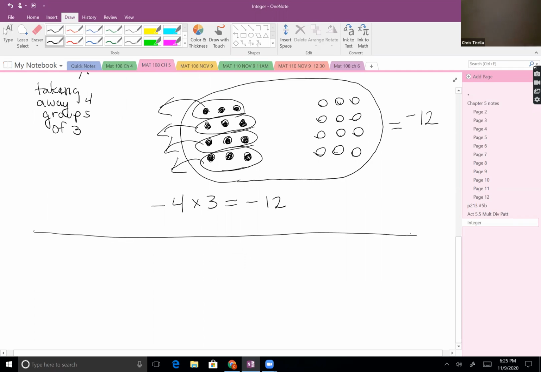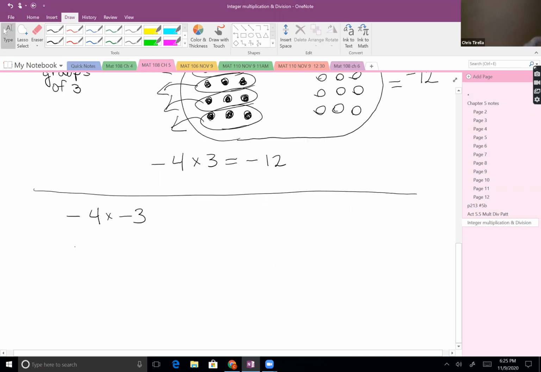And so lastly, if we want to show with counters -4 times -3, that first -4 means that we'll take away 4 groups of the counters for -3.